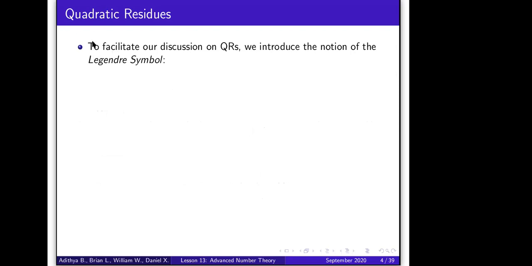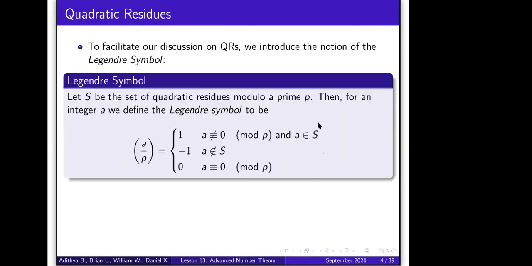Before we get to any other properties, we're going to define a very useful notation called the Legendre symbol. This is just a way of rewriting whether or not a number is a quadratic residue. The Legendre symbol is denoted (a/p) in brackets. Don't mistake this with division. It's sometimes ambiguous, but generally it's pretty clear because the Legendre symbol always has parentheses around it.